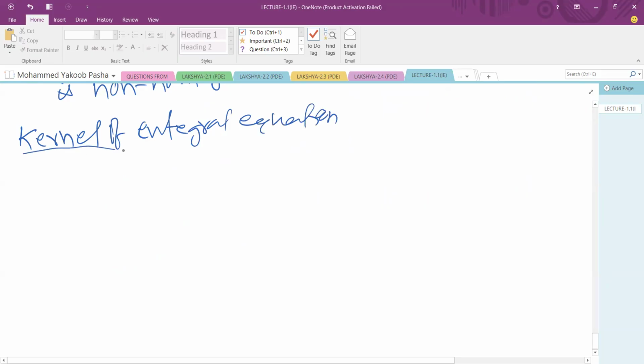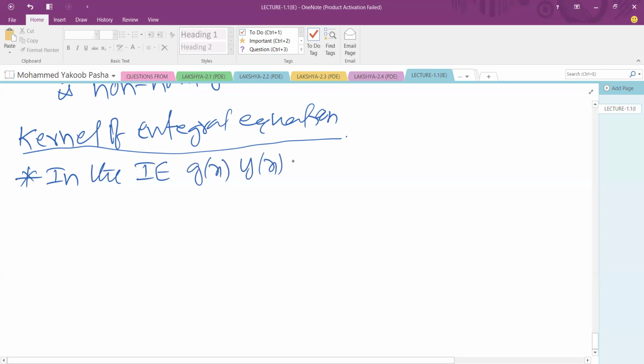When we take the general form of the integral equation, g of x into y of x is equal to f of x plus lambda into integral a to b k of x comma t into y of t into dt.